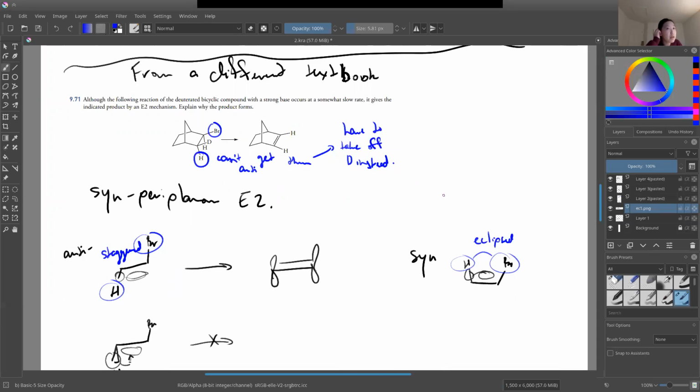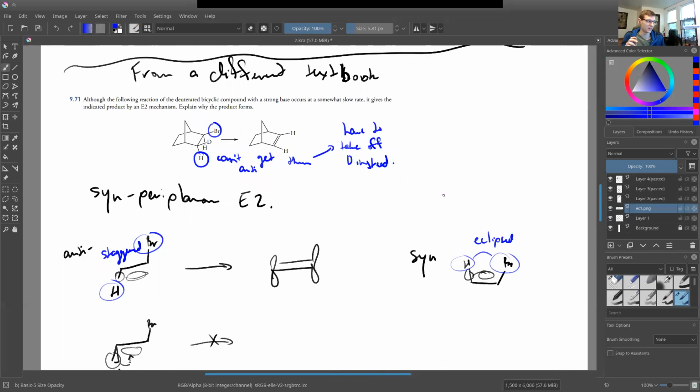Going off of what Rebecca asked in the chat: should we always try to rotate it to see if anti-periplanar is possible for every E2? Yeah. This is the reason I was really hesitant to bring up this problem in the first place, because I don't mean to suggest that this is common or that it happens often.